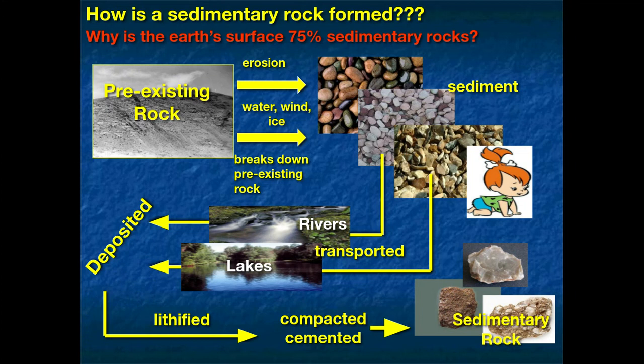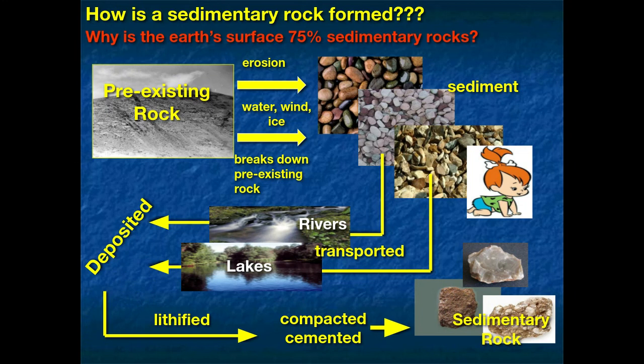So the question at the top of your screen says, why is the Earth's surface 75% sedimentary rocks? Well, think about that. Where does weathering take place? Weathering takes place at the surface of the earth, not the interior parts of the earth. So you can kind of envision the lithosphere. And if you recall, we indicated that the lithosphere where we live basically is very, very, very thin.